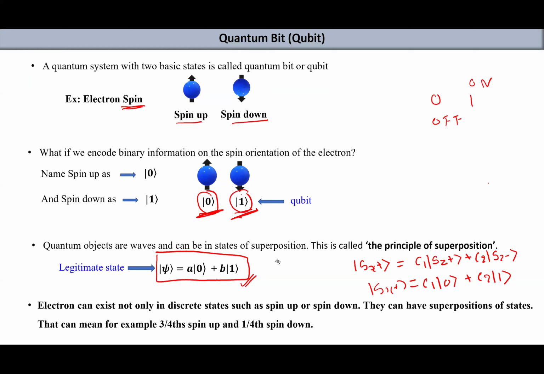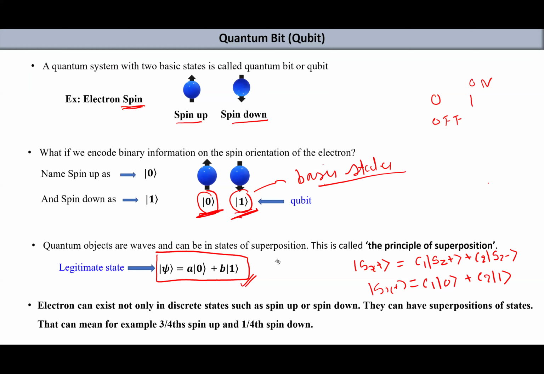But when you use the quantum computer only in these states, then there's no advantage of a quantum computer. But there is a special state that is called the superposition state. Beside these two basis states, and remember, they also call the basis states eigenstates, we have this linear combination.